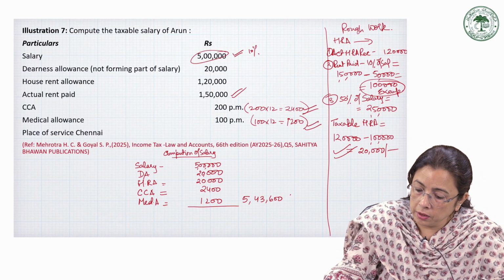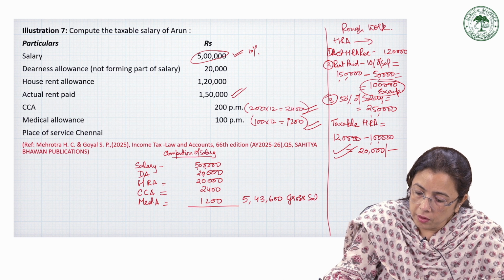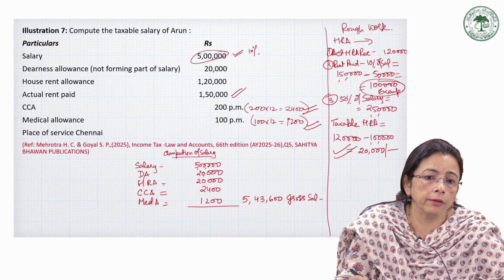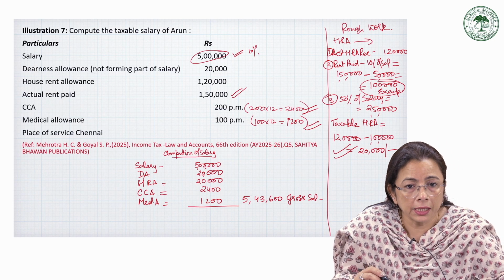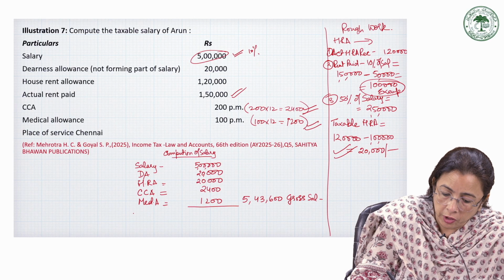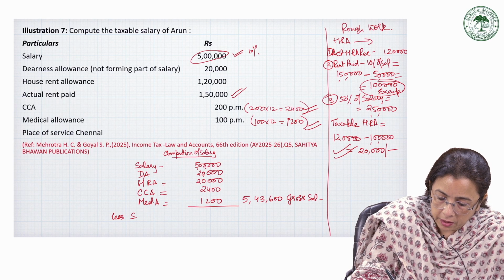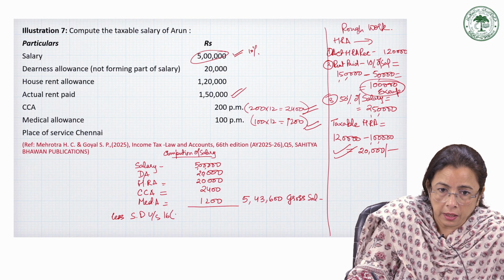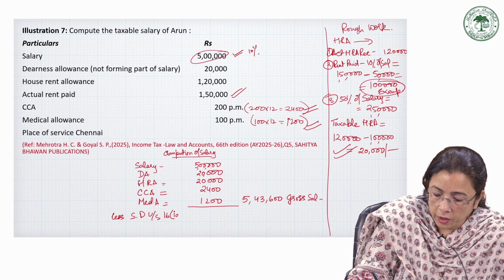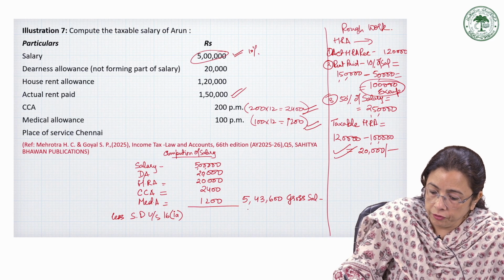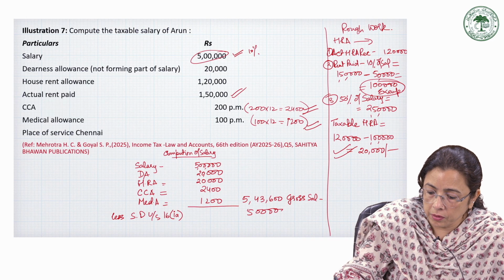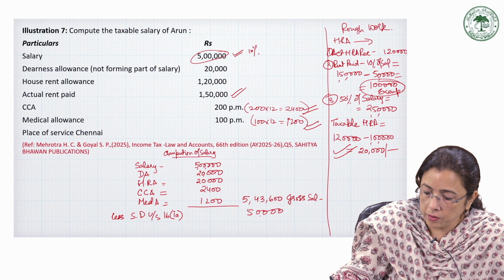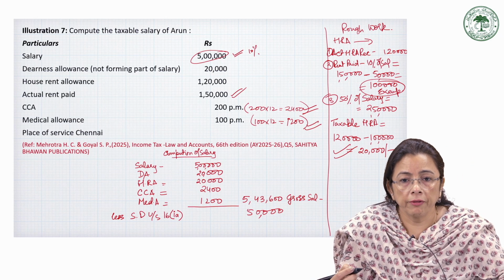This is our gross salary. To get the taxable salary, if the question asks, there is a standard deduction, if you remember. From the gross salary, we deduct a standard deduction under section 16, subsection 1A, that is 50,000.